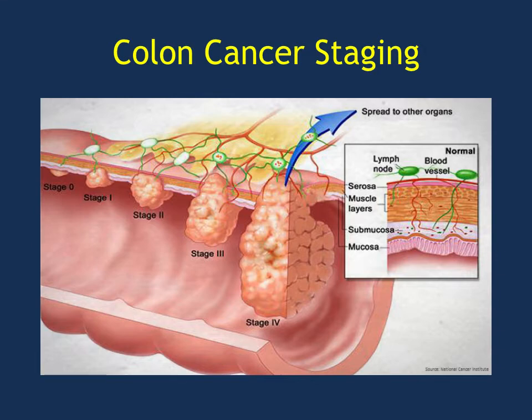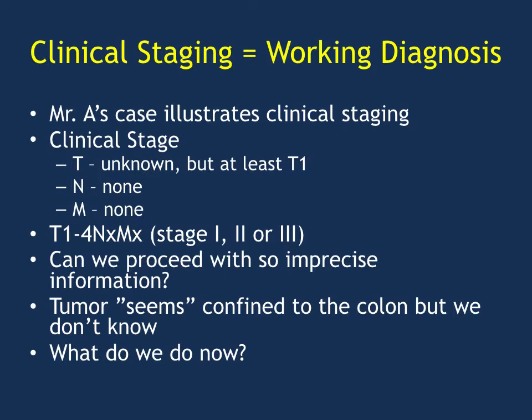Okay. So going back to Mr. A, what is the stage of his cancer? Well, at this point, we really don't know that much information. We know that he has at least a T1 because it's a cancer, but we don't know if it's a T2 or 3. It's probably not T4, at least on the CT scan, since we probably would see some abnormalities in the surrounding structures.